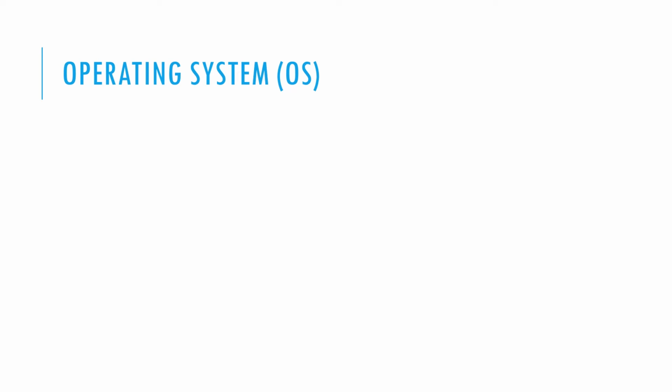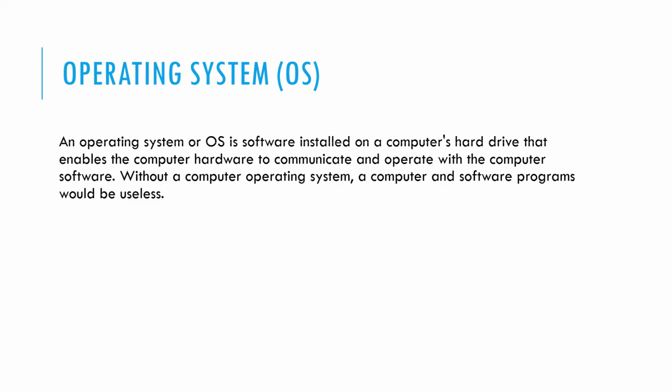Next, let's delve into operating systems. An operating system, OS, is software installed on a computer's hard drive that enables the computer hardware to communicate and be operated with the computer software. Without a computer operating system, a computer and software programs will be useless.